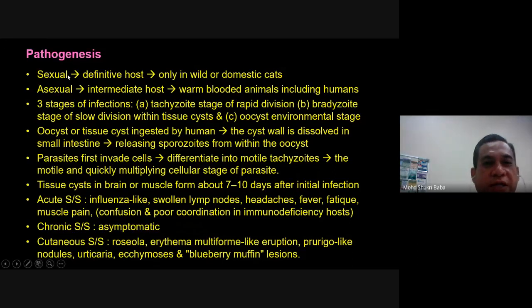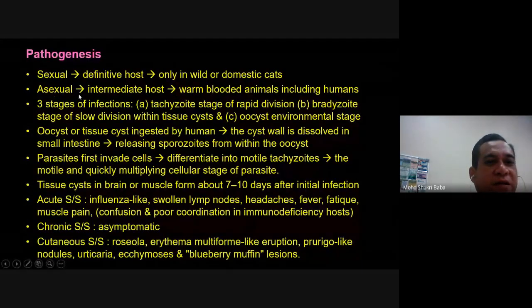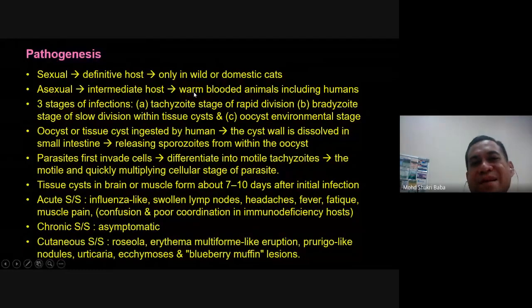Sexual pathogenicity dia, okay, secara sexual ni dia adalah definitive host, only in wild and domestic cat. Alright. Secara asexual pula melibatkan intermediate host, which is warm-blooded animals including humans. Three stages of infection: tachyzoid stage of rapid division.